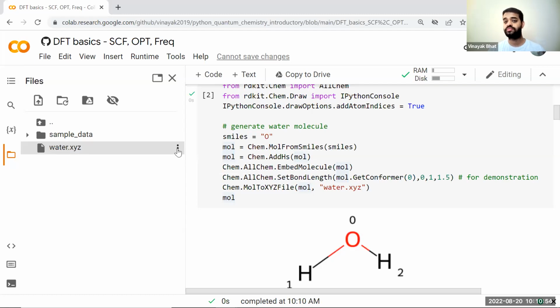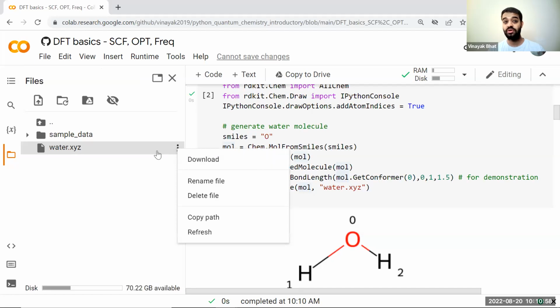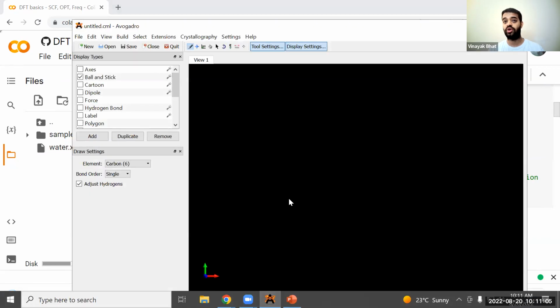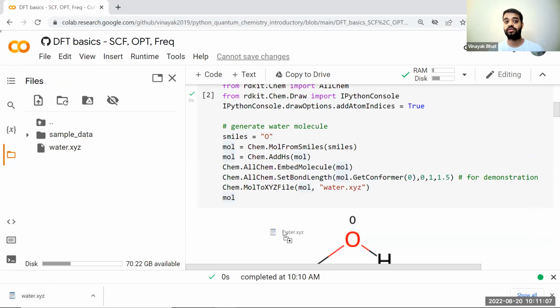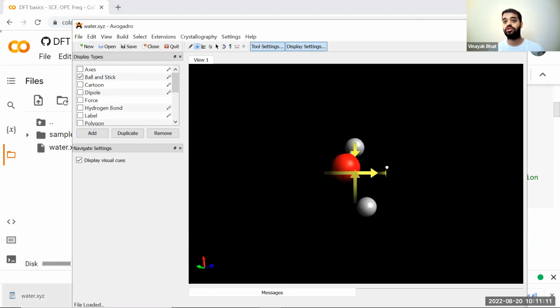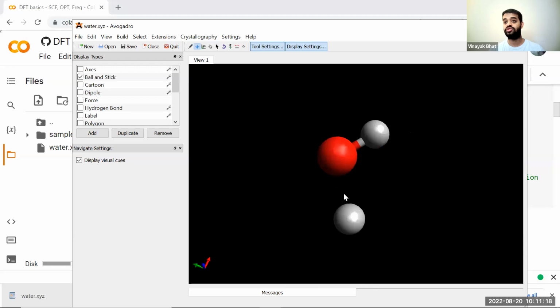And this is the file that you can use for looking at stuff. Okay, so you can download this file if you want, and then use something like Avogadro to view that file. Let's see. So this is the water molecule, and as you can see, one bond is long. One of the hydrogens is far away.